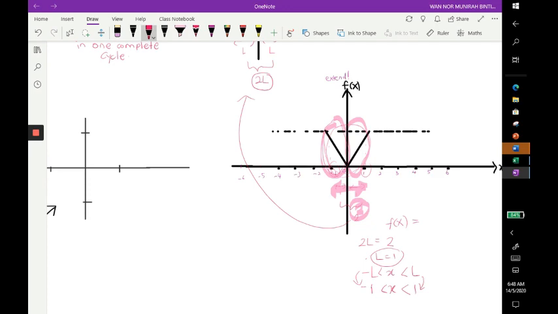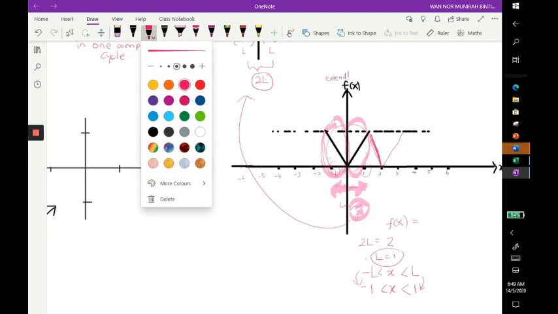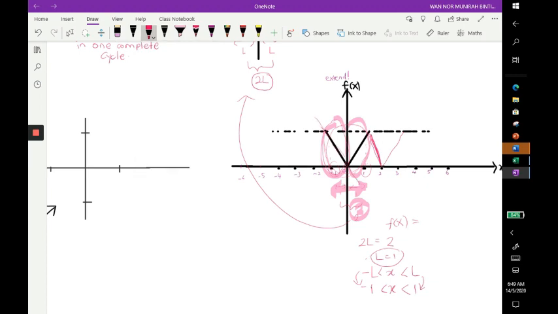From 1 to 2 you have this kind of graph. You just copy it. This one has a shape like this, so you copy here, and then from 0 to 1 you have another 1 unit like this. So you just copy from 2 to 3, and you have another 2 units.